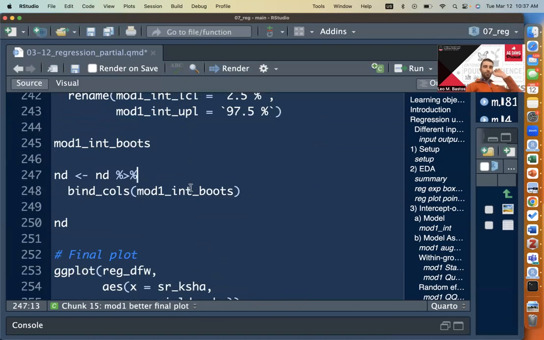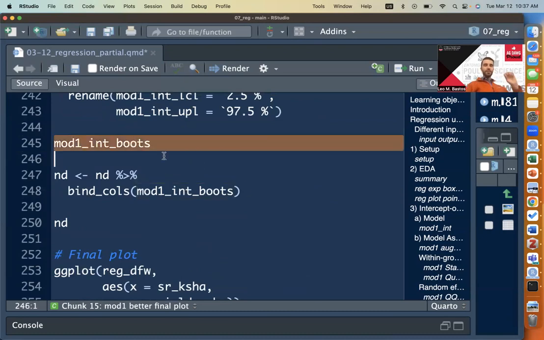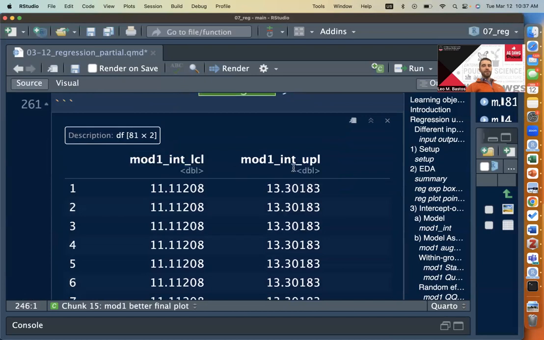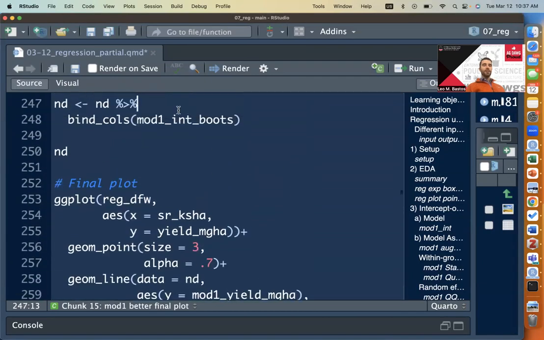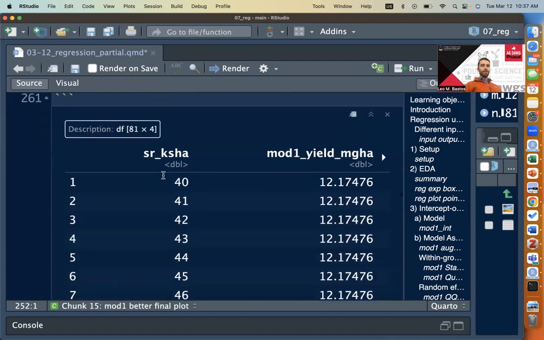Before I do that, I want to bring these results of what mod 1 int boots, which are just the confidence levels. I want to merge that with my ND. So I have the lower confidence level, the estimate, which we have already predicted previously, and the upper. So lower, average, upper. If you just do a bind calls and you print ND, you should see this.